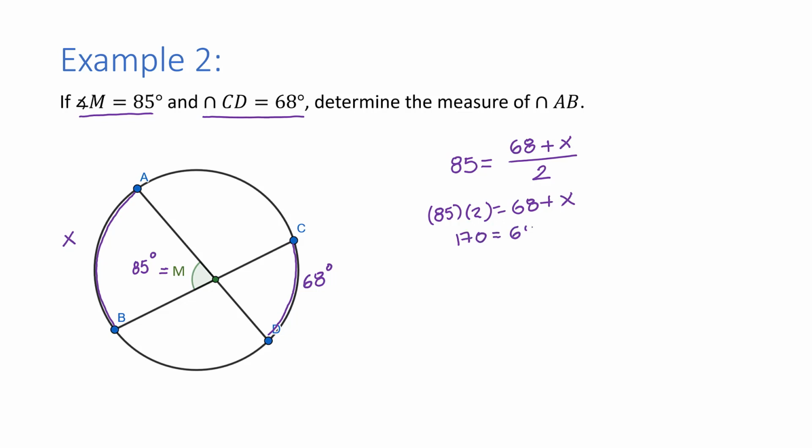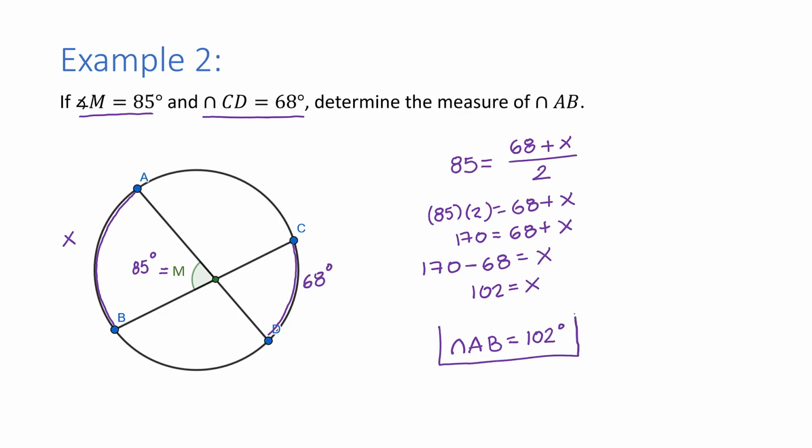That equals 68 plus X. We can pass this 68 subtracting. 170 minus 68 equals X. And 170 minus 68 is 102. That equals X. And X is representing arc AB, so arc AB equals 102 degrees. Okay, so this is how we solve for a missing arc.